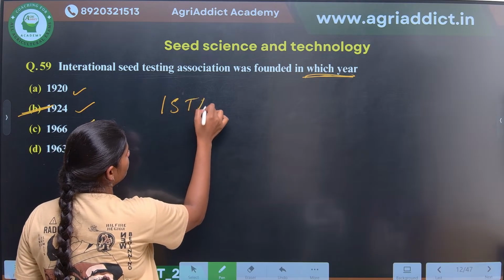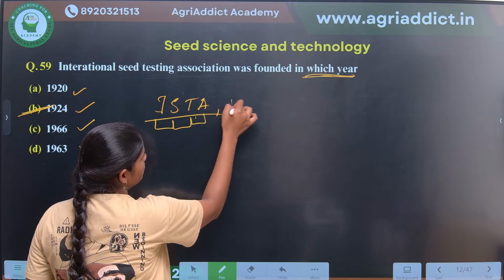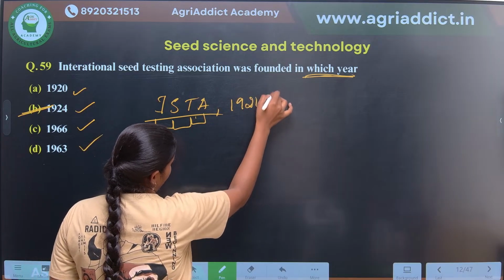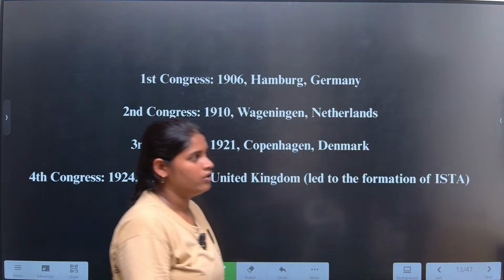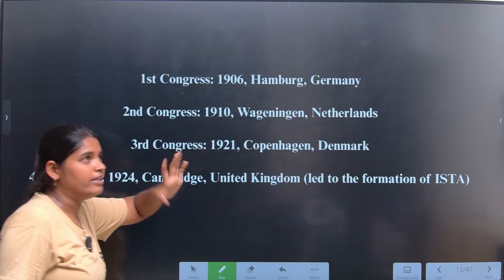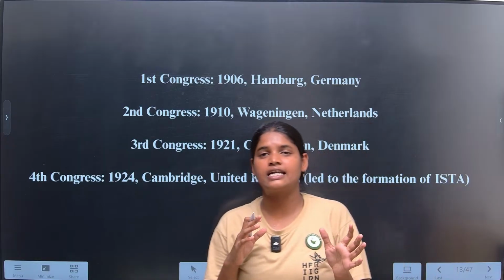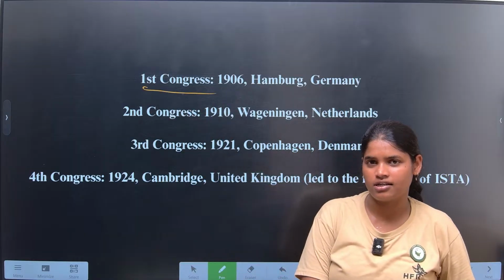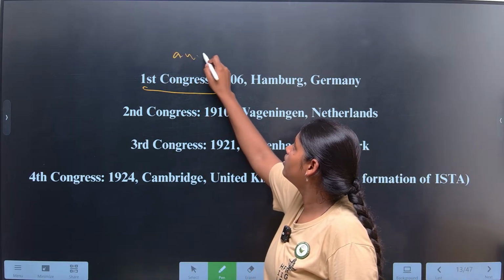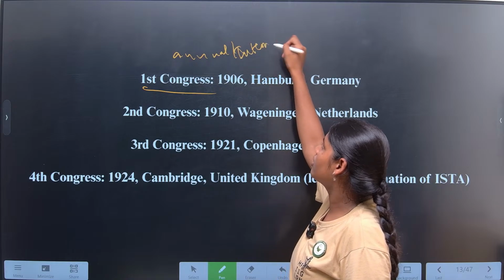ISTA, the International Seed Testing Association, was founded in 1924. Just see the background. When they started a proper seed testing or seed certification system, they started holding congresses, like an international congress, right?